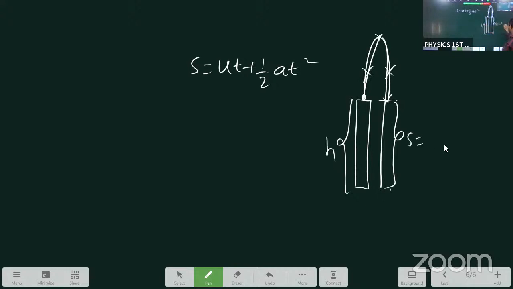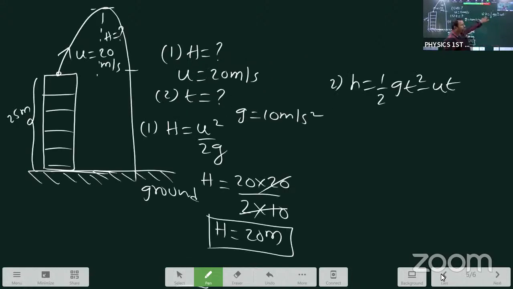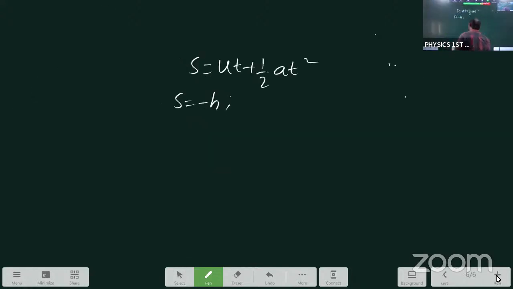Here we are taking a sign convention, from this point to this point, that's why we take S equals minus H. That is displacement, students. Don't think of height. So S is nothing but minus H, the displacement traveled by the ball. This is the explanation for how we write H equals half GT square minus UT. And what about A?